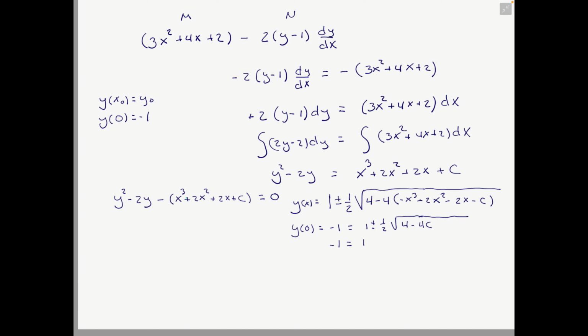Well, these are all 0, so we have 1 plus or minus 1/2 square root of 4 minus 4c, and we can bring the 4 out, and that gets rid of the square, so we get plus or minus the square root of 1 minus c, and you square that.